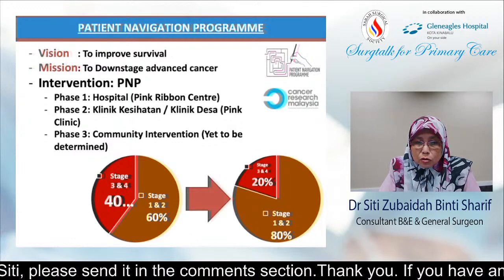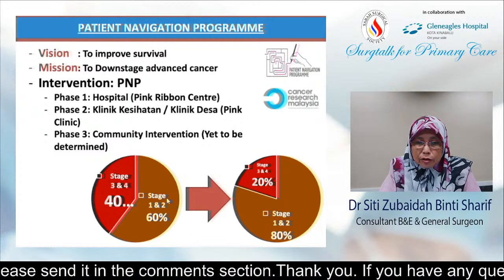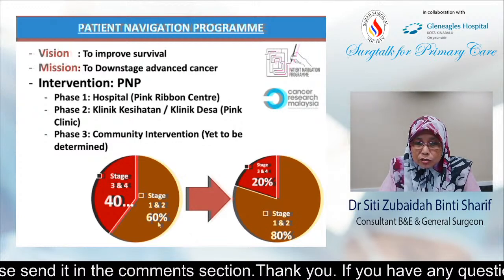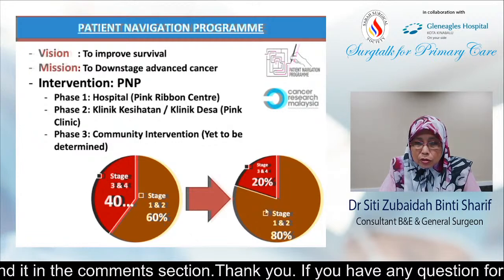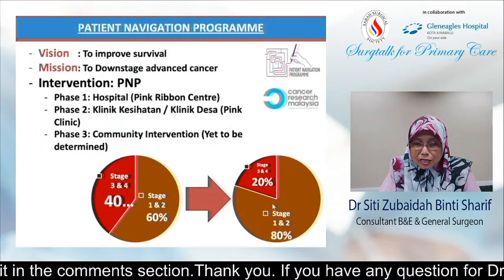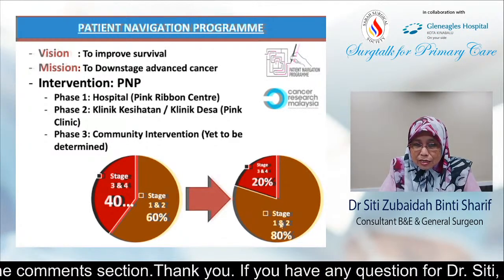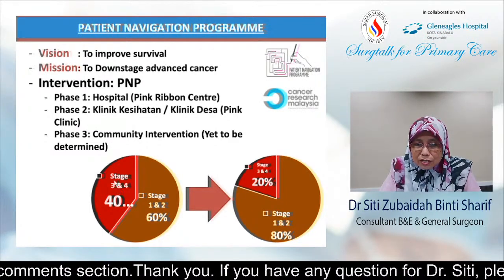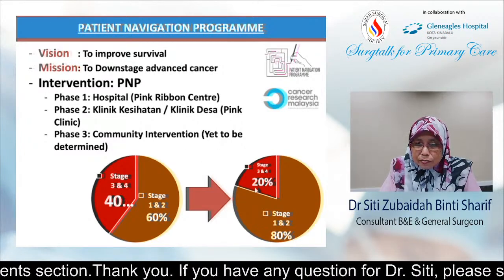What we want is to increase stage 1 and 2 from 60% to 80%, and to downstage stage 3 and 4 from 40% to 20%.